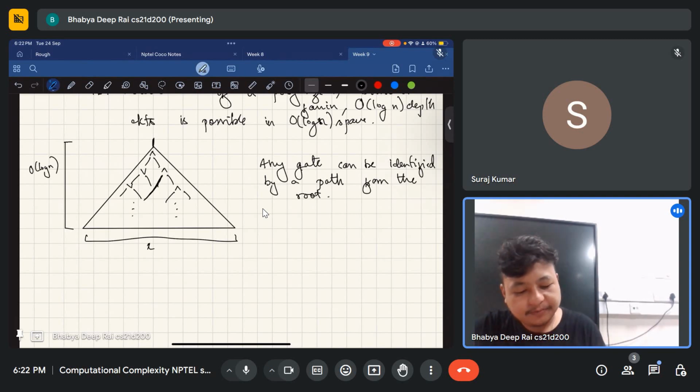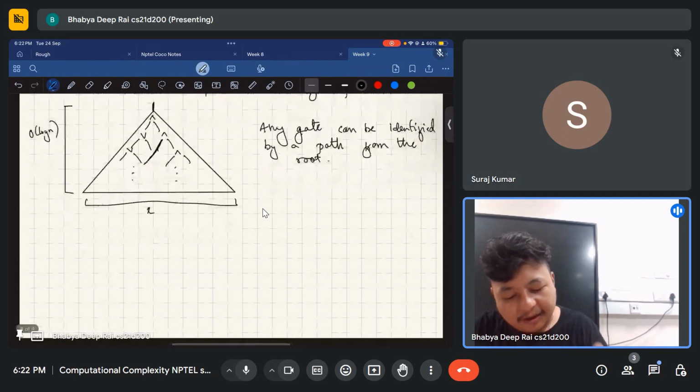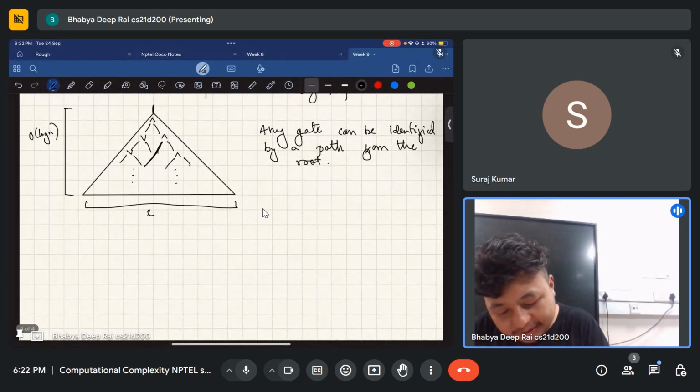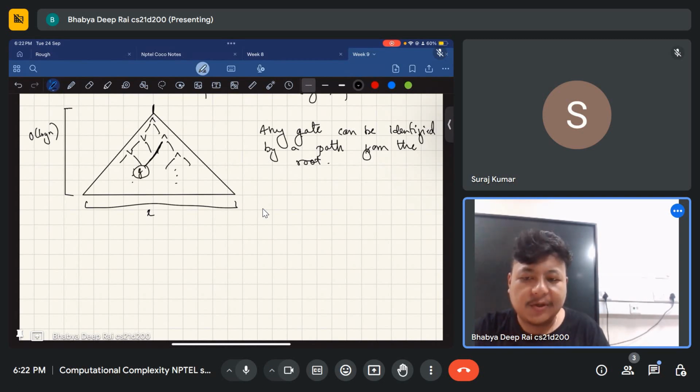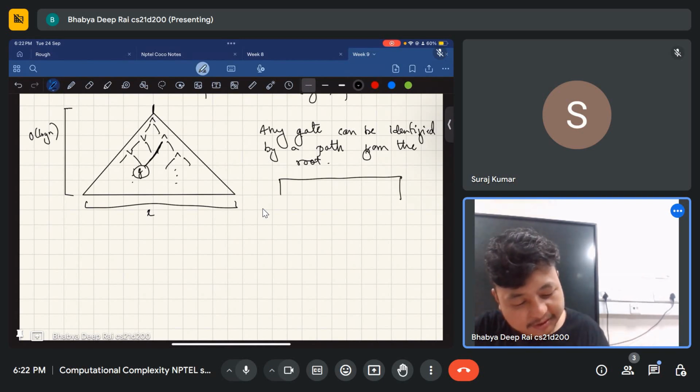Let's say I want to identify this gate, and I call it G. How do I identify it? Well, here is the path that identifies it from the root.